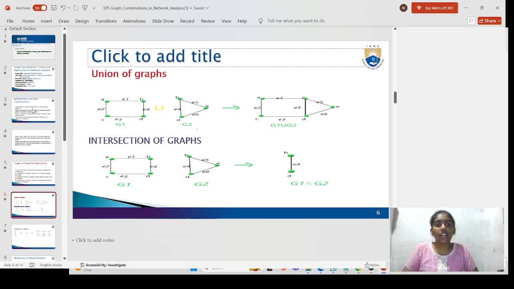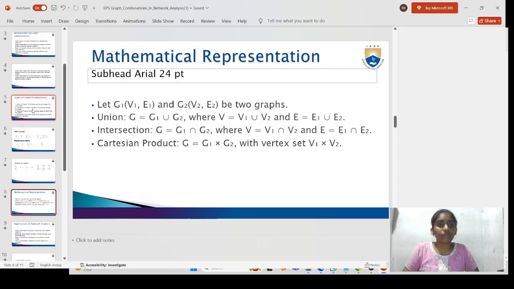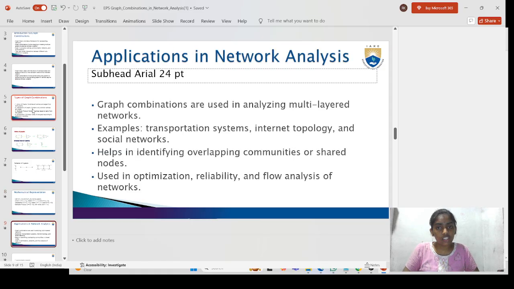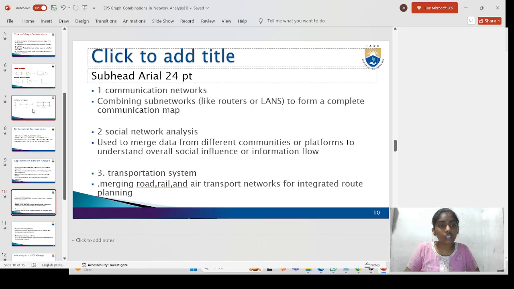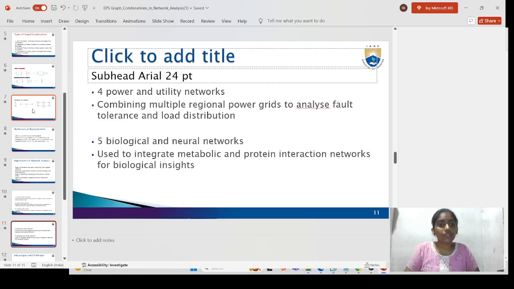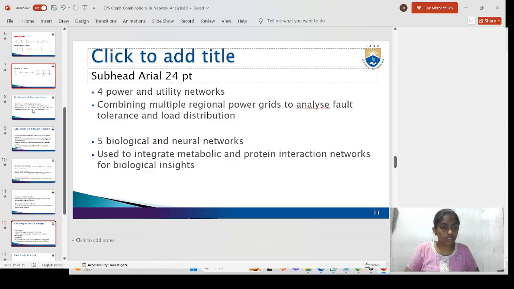We saw some examples and the mathematical representation, and applications in network analysis. We saw five applications: communication network, social network analysis, transportation system, power and utility network, biological and neural network.